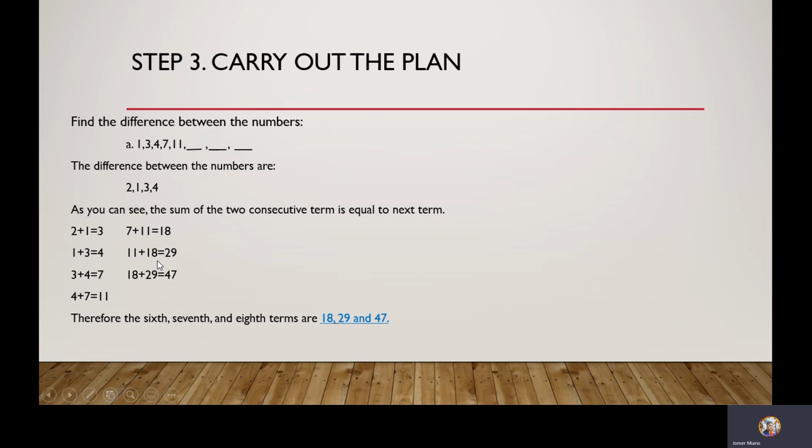And 11 plus 18 is equal to 29. 18 plus 29 is equal to 47. Therefore, the 6th, 7th, and 8th terms are 18, 29, and 47.